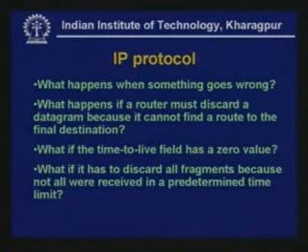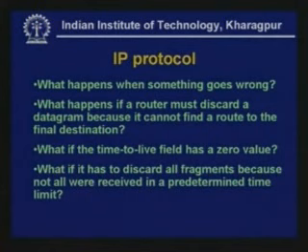So what happens when something goes wrong? What happens if a router must discard a datagram because it cannot find the route to the final destination? What if the time to live field has a 0 value? What if it has to discard all fragments because not all were received in a predetermined time limit?